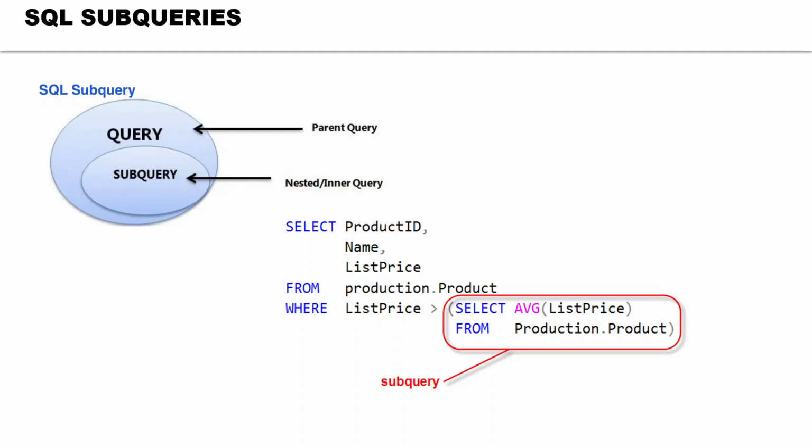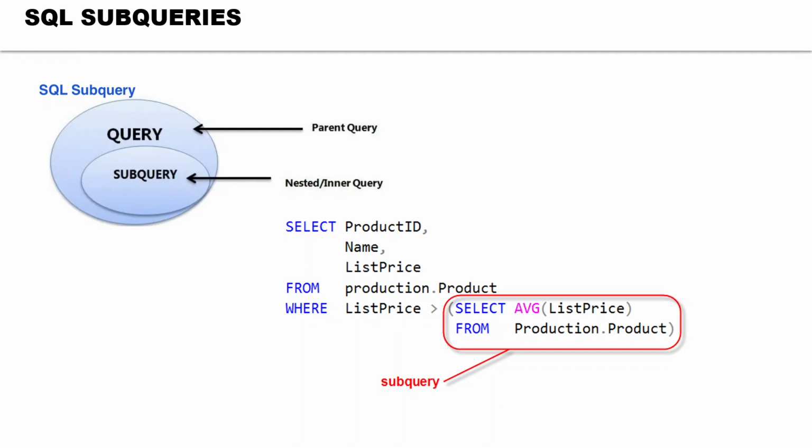If we're talking about how subqueries work, when executing an SQL statement, the program executes subqueries first, and the results of these subqueries in the brackets are used by the parent query to retrieve the final results.